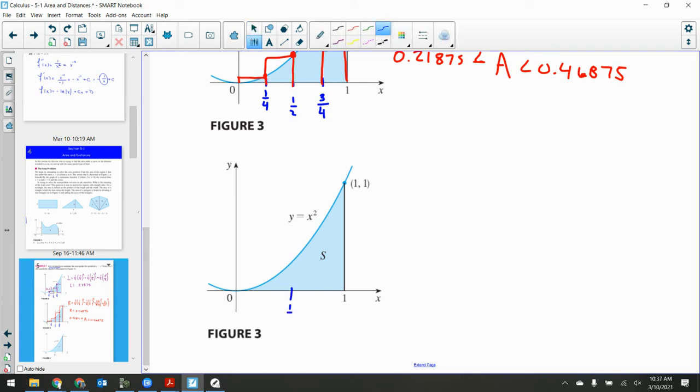So 1/4, 1/2, 3/4, but instead of using a right side or a left side, I take intermediate values here, here, here, and here, run those coordinates, and take the rectangles at those spots.